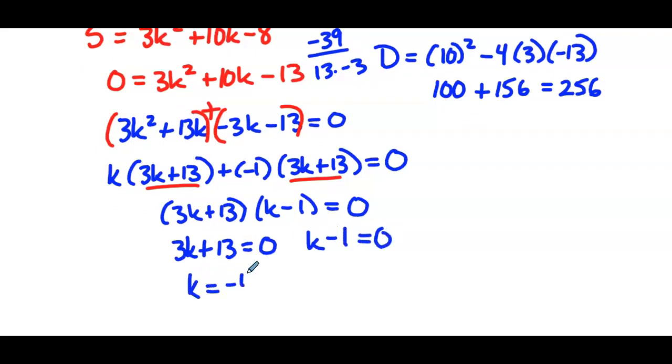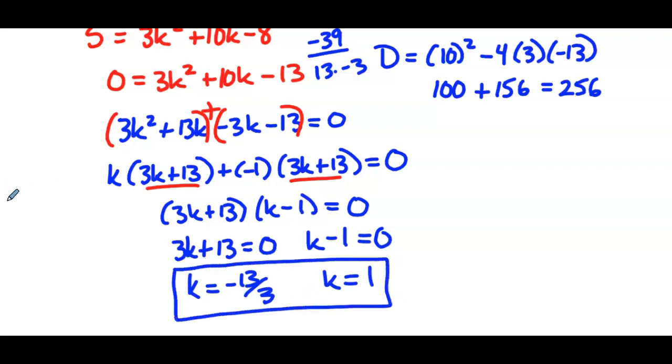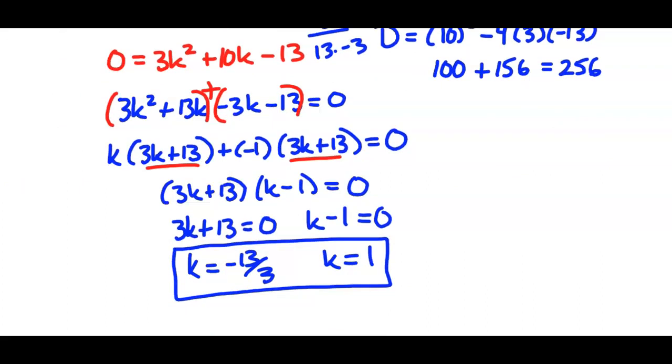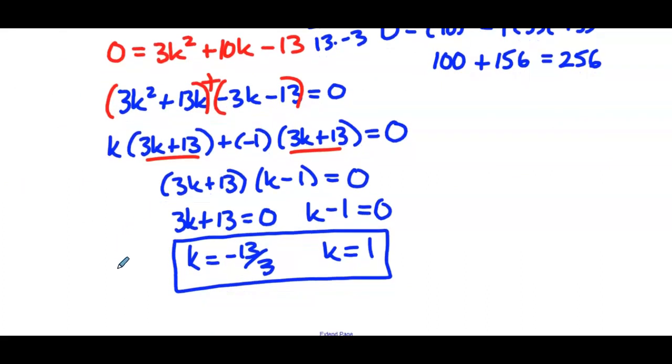So we have k equals negative 13 over 3 or k equals 1. Okay, so we have two possible values of k, negative 13 over 3 or 1, where the y value is 5. And that actually kind of makes sense. That means that these 2 points are symmetric to each other on the parabolic curve.